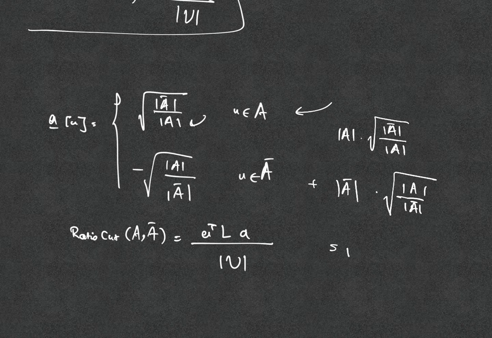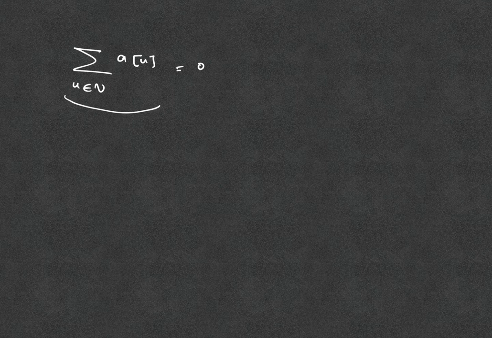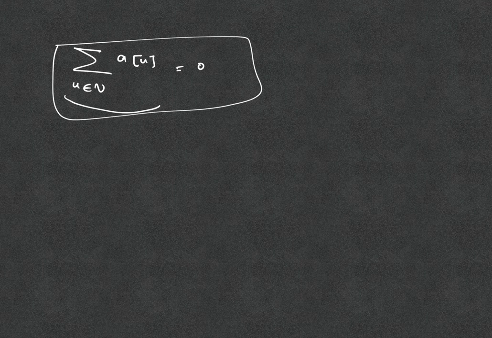And obviously this is just going to be this, which is 0. So the first property is that the summation of this attribute for all of the nodes of the graph is going to be 0.